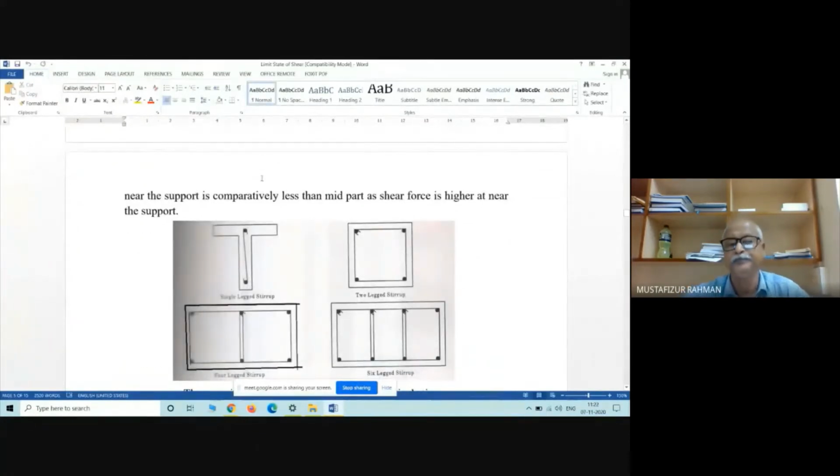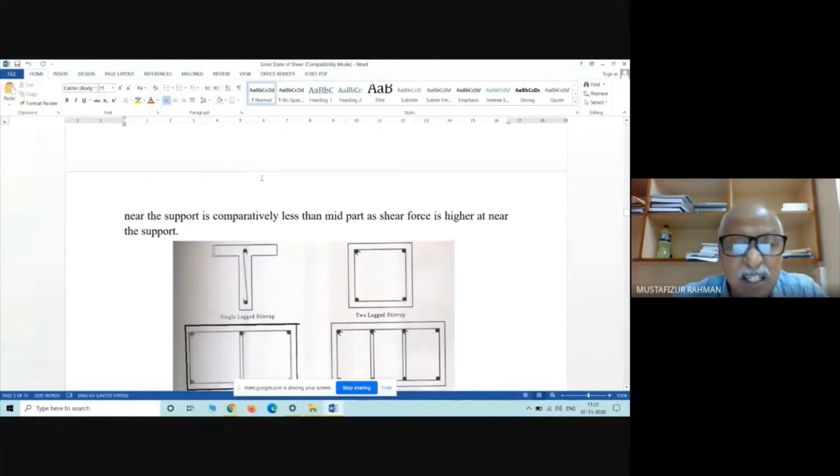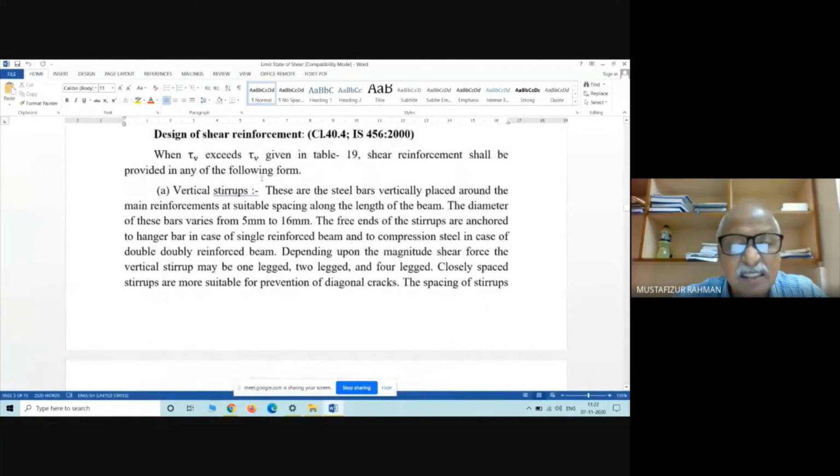Design of shear reinforcement. This is as per clause 40.4 of IS 456. So this is the vertical stirrup. These are the vertical stirrups.